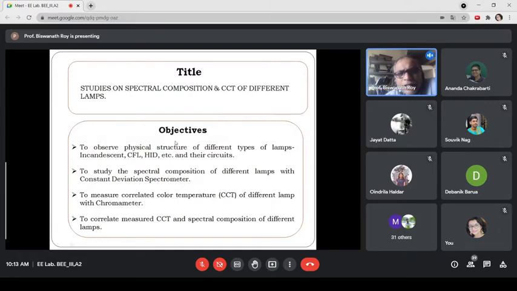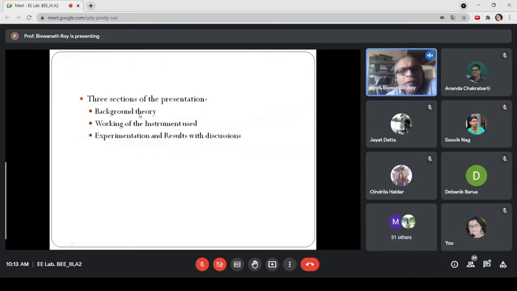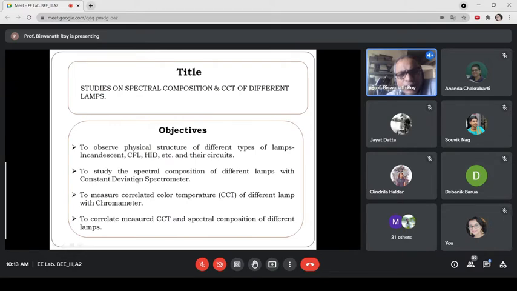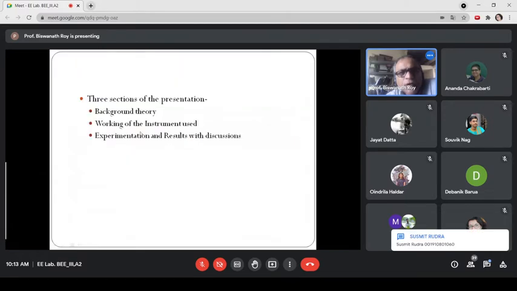So these are the objectives of the experiment listed, as you see. We will discuss these sections: the background theory and the working of the instruments used. These are the instruments, a constant emission spectrometer and a chromometer.